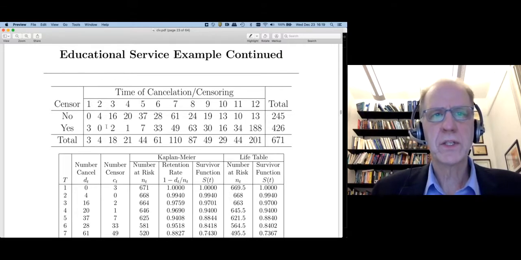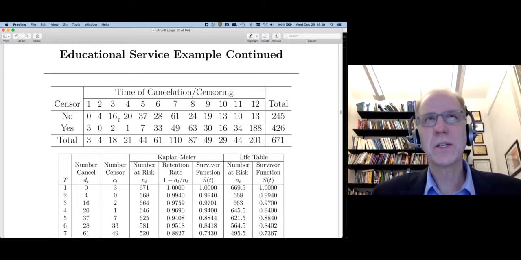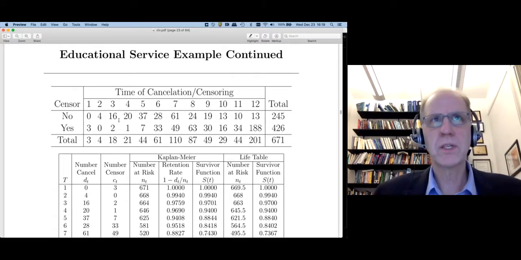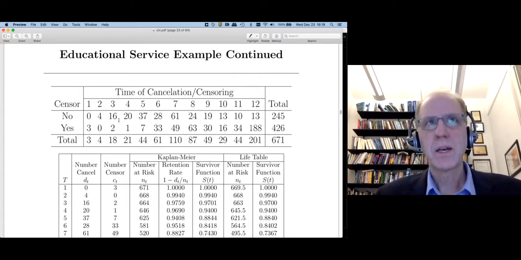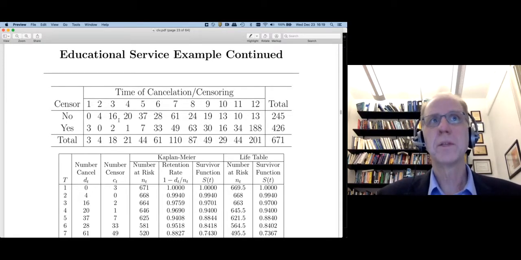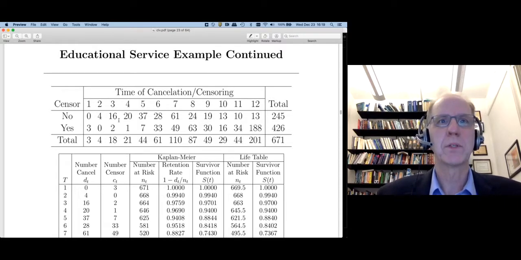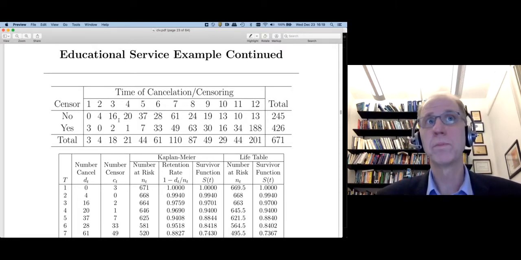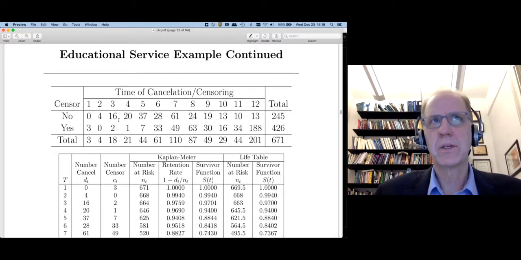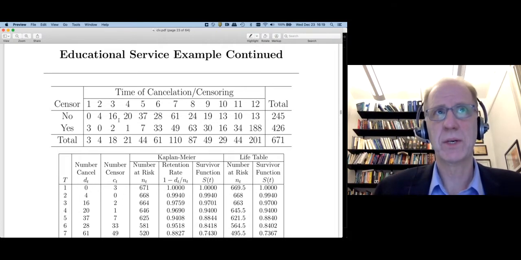What I have in this table is slightly confusing. Pay close attention to this. There's a difference between customer time and calendar time. Calendar time is the calendar month that something happens. So month 1 would be January, month 2 would be February, and so forth. This is not calendar time. This is customer time.